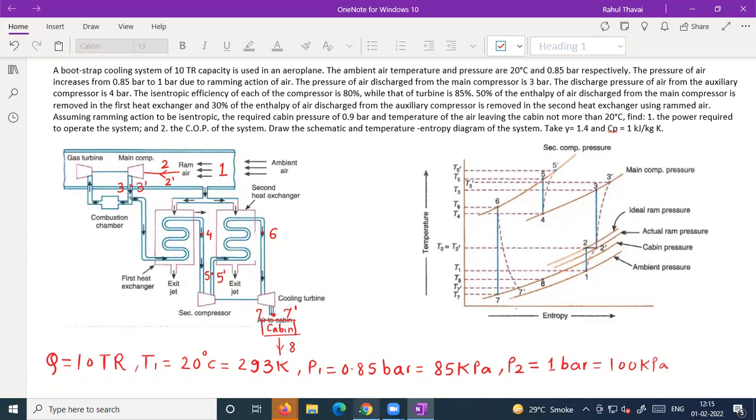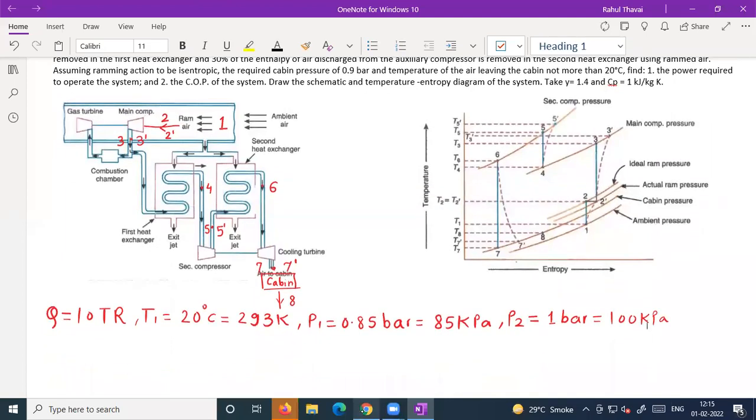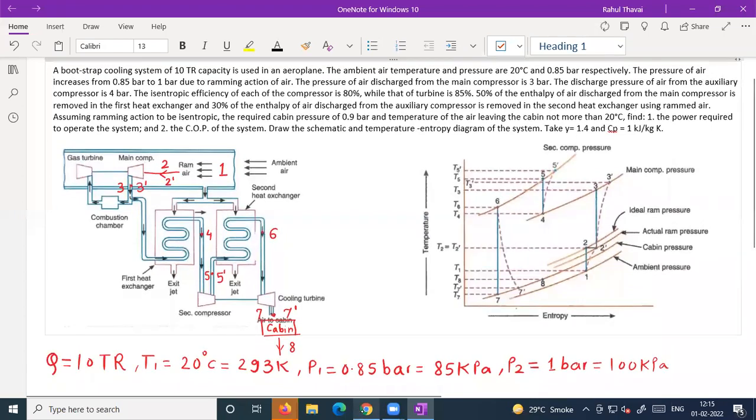Next, the pressure of the air discharged from the main compressor is 3 bar. You can see here the main compressor. At point number 2 the air will be admitted, and at point number 3 the air will be discharged.